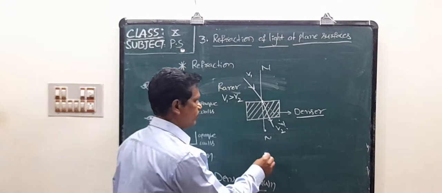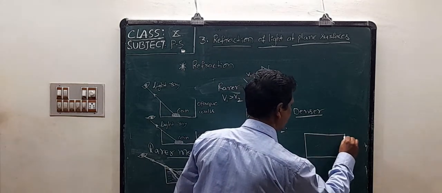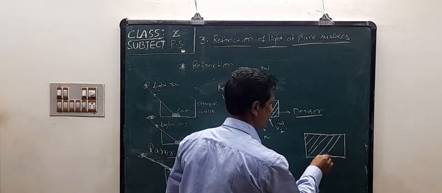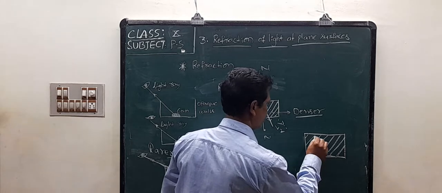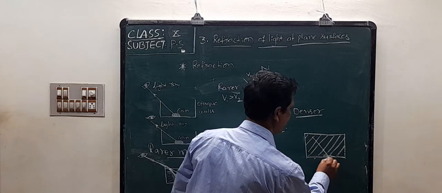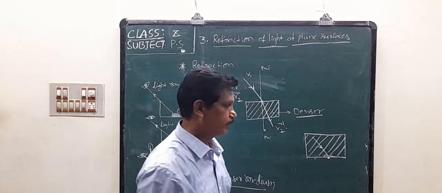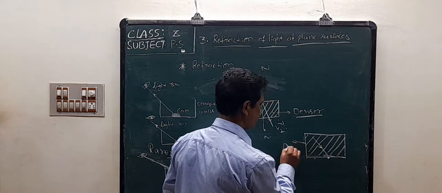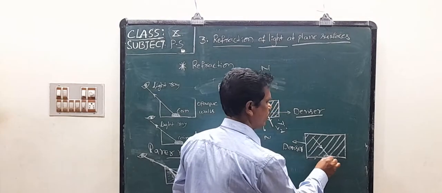Okay. Next, the light ray travels from the denser medium to the rarer medium, water or glass slab. This is the light ray originating from the denser medium, and this is the point of interface.